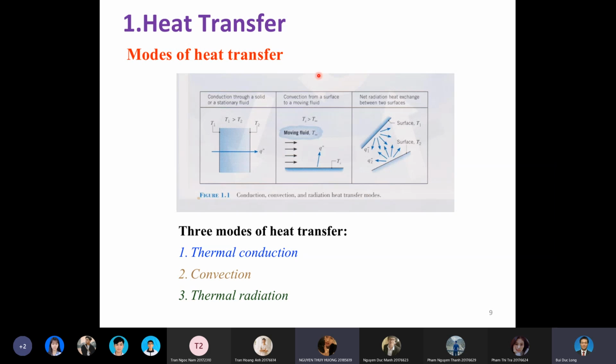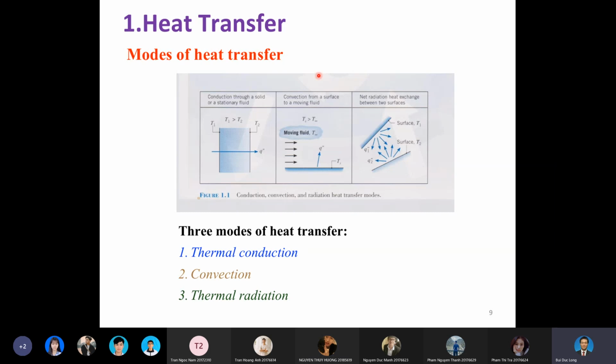Yes. The cooler water has a higher density, and at the bottom it is hotter with a lower density, so it moves up. Thank you. My name is Hương. Okay, thank you, Hương.